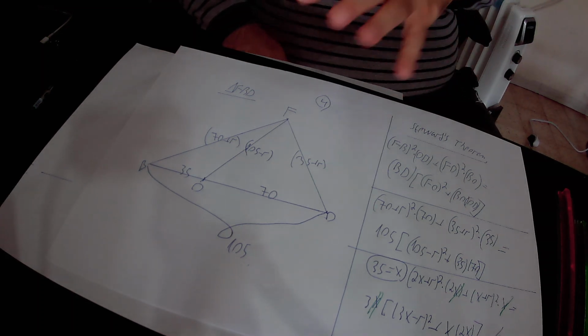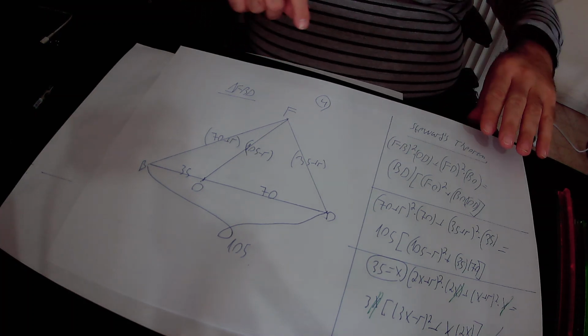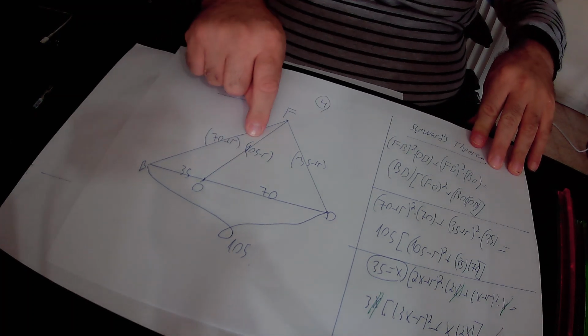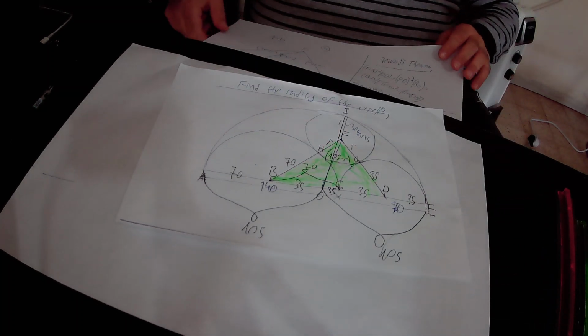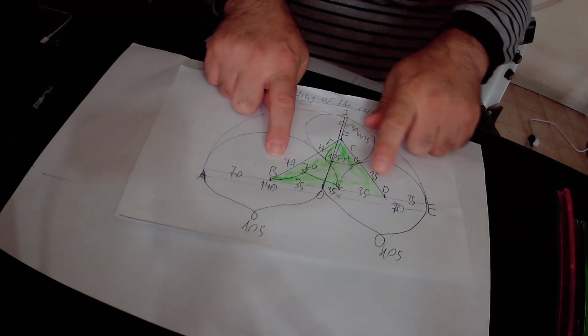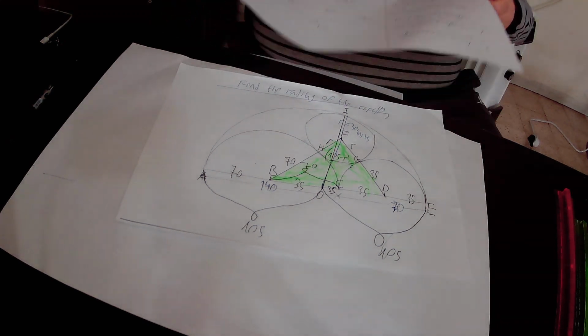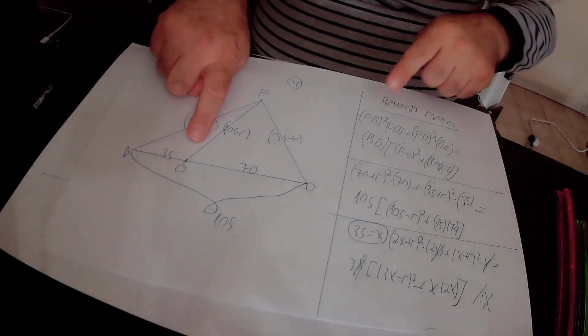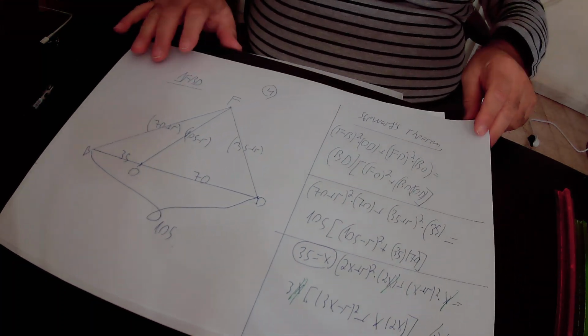We already found out the size of all the sides of this triangle. We also found out that line segment FO equals 105 minus r units. OB or BO equals 35 units in its length, and OD equals 70 units. We implemented here Stewart's theorem.